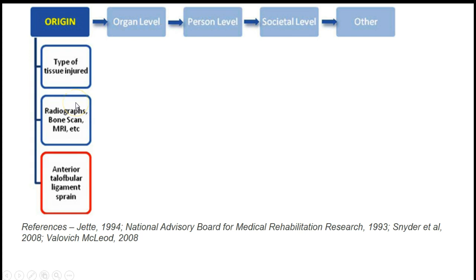And so we're going to use x-rays, we're going to use a bone scan, we're going to use an MRI to kind of rule out an anterior talofibular ligament sprain or a lateral ligament sprain. Do we have to use a radiograph or bone scan or MRI? No, there are other special tests that we could use, but these are the gold standard. So the first piece of the disablement model, again, is just identifying the actual disability. That disability in this particular example is going to be a lateral ankle sprain.